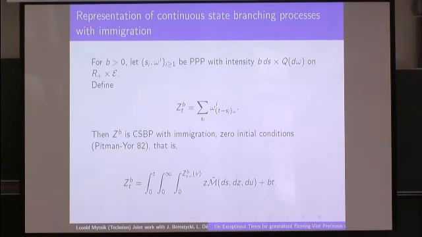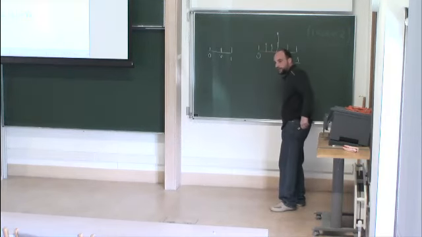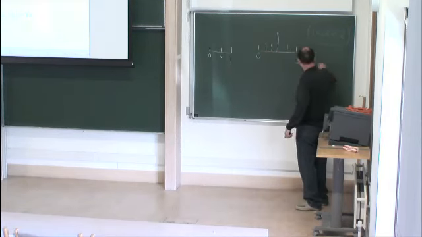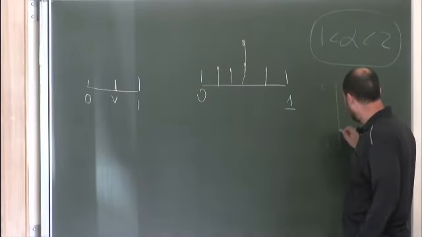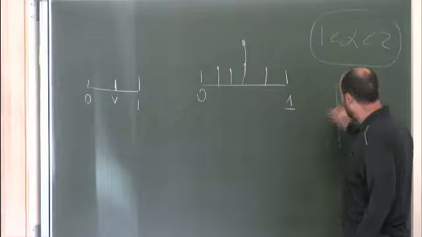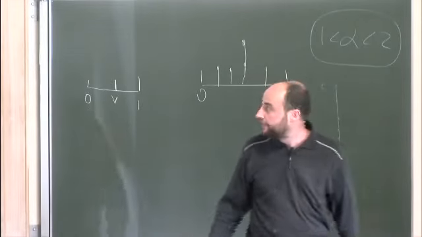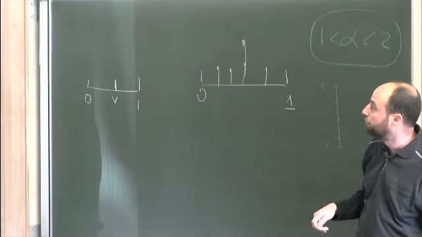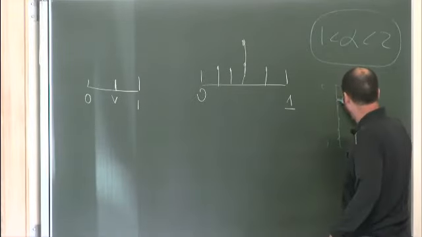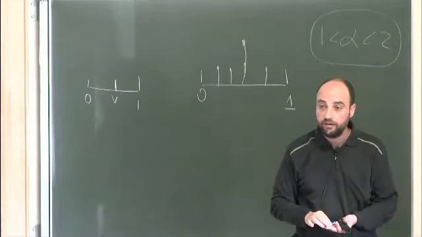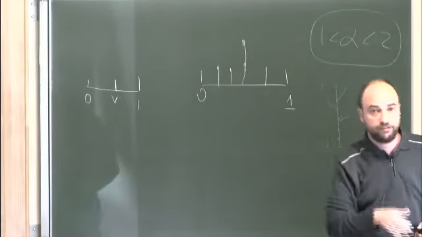In a sense, if I care only about the total mass, let's say that time goes this way, and I put the marks here, which are given by this Poisson point process with certain intensity, and from there we start the evolution of infinitely small clusters, whose law is given by the measure Q.